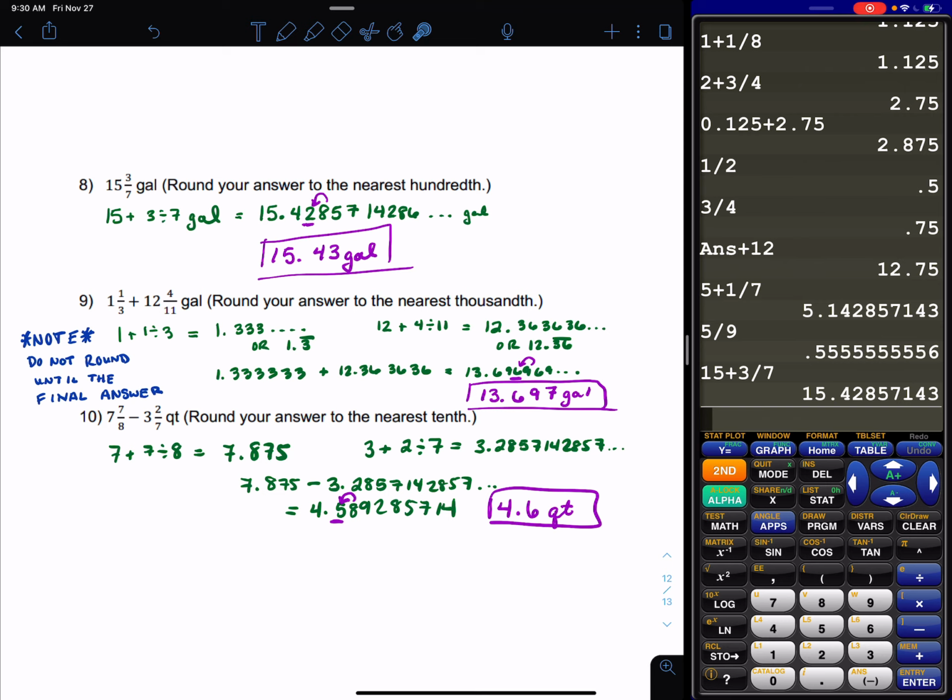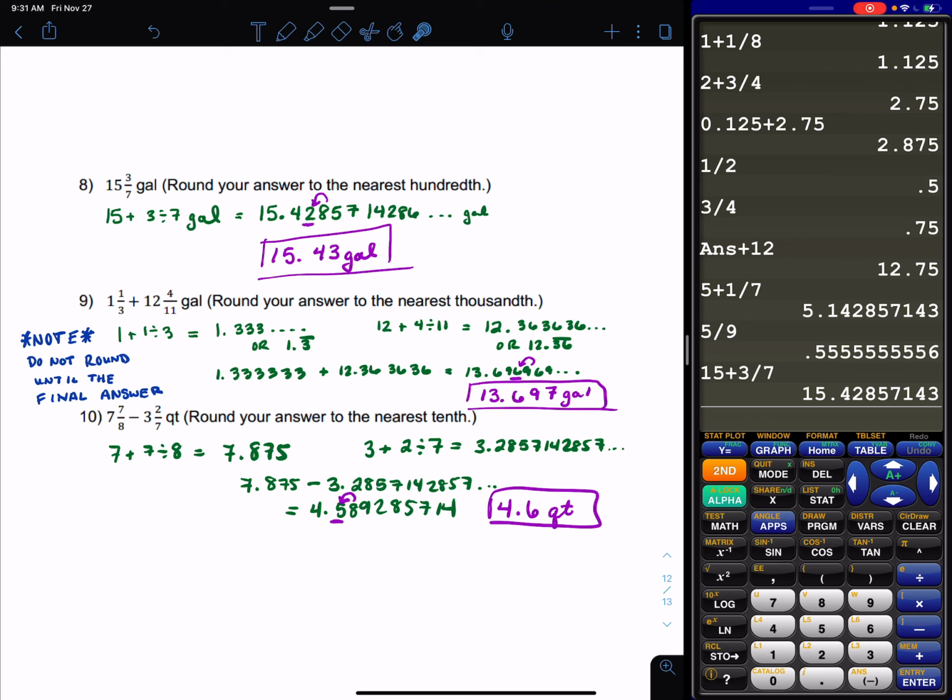So for number 9, we have 1 1/3 plus 12 4/11 gallons. We're going to round to the nearest thousandth. So what we're going to do is convert each of these numbers to decimals and then add them. One thing I want to point out, and I wrote it down in the note, we're not going to round until our final answer.